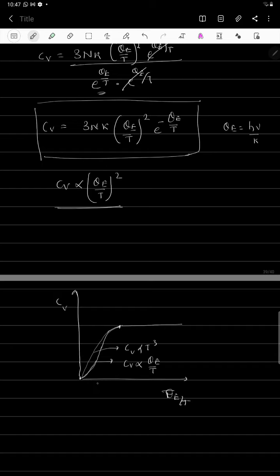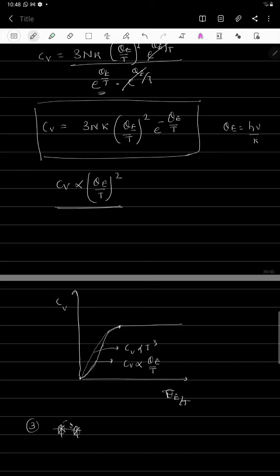Why? Because of the third assumption we have assumed, the atoms do not depend on any other vibrating atoms. It means one atom does not affect anything on the nearby atoms. So that is one of the drawbacks of this theory.